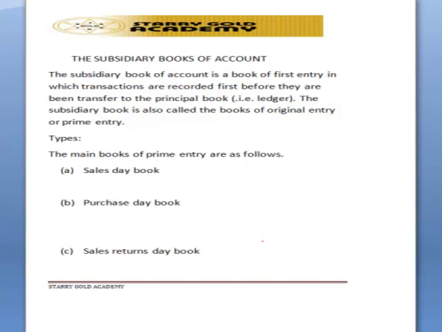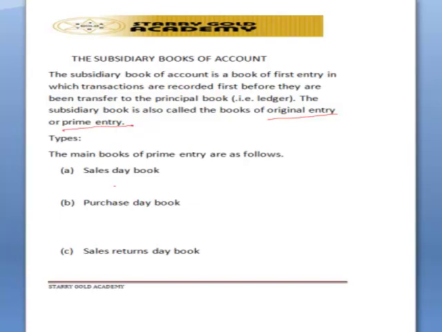The subsidiary books of account is a book of first entry in which transactions are recorded first before they are transferred to the principal book. And the principal book here is the ledger. So the subsidiary book is also called the books of original entry or books of prime entry.